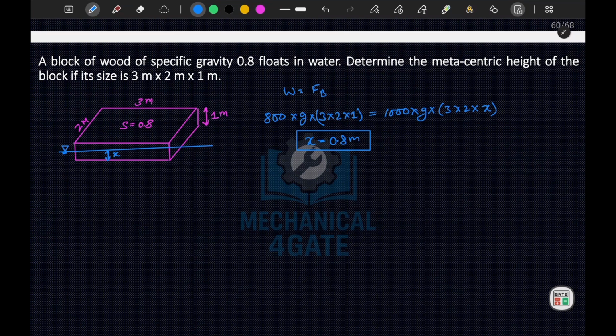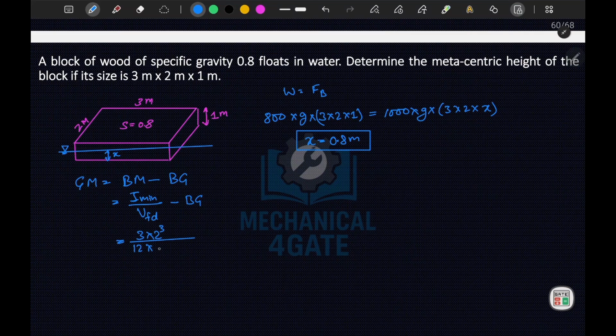Now determine the metacentric height for the block of this size. So metacentric height I can calculate: GM is equal to BM minus BG, that is I minimum upon Vfd minus BG. Now this I minimum is equal to bd cube by 12. So b is 3, so 3 times d cube divided by 12 into Vfd.